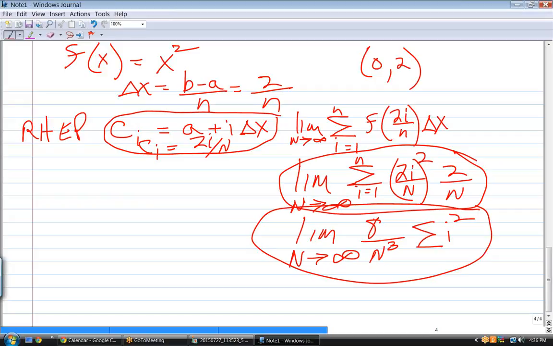In other words, if you square this and multiply it by that, you get 8i squared over n cubed. At which point I'm going to take the 8 over the n cubed outside the sigma. Right, okay. And this is still as i goes from 1 to n.